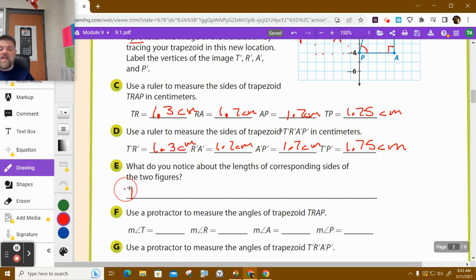So it says, what do you notice about the lengths of the corresponding sides? Corresponding means that the primes are the same length as the pre-image sides, right? So in other words, TR is the same as T prime R prime.